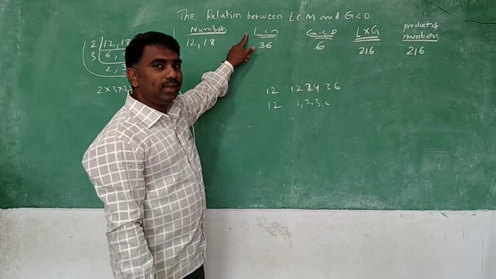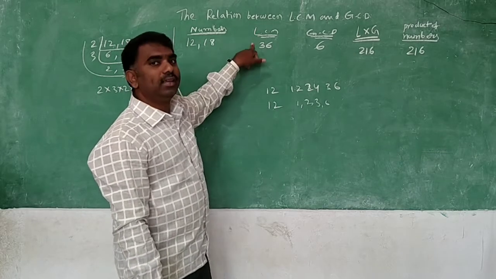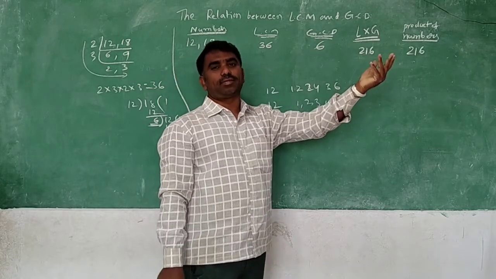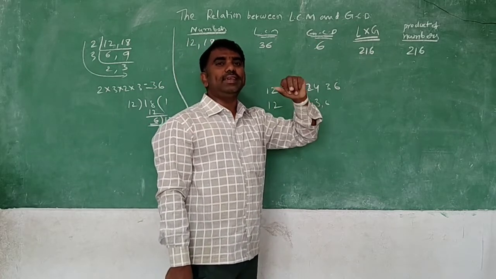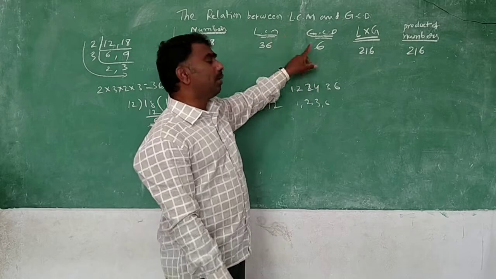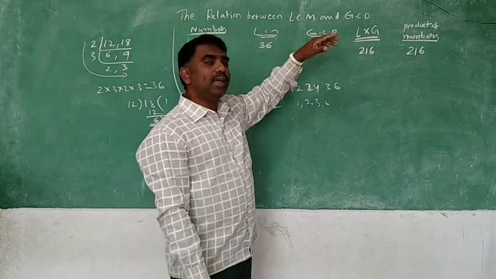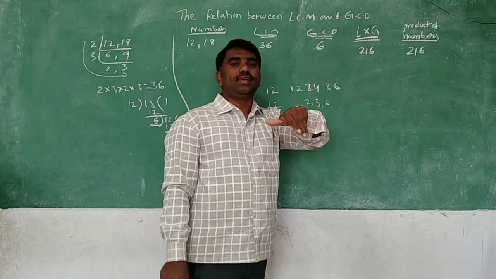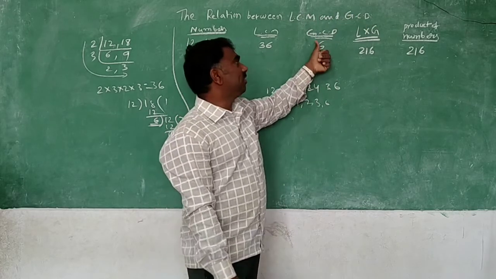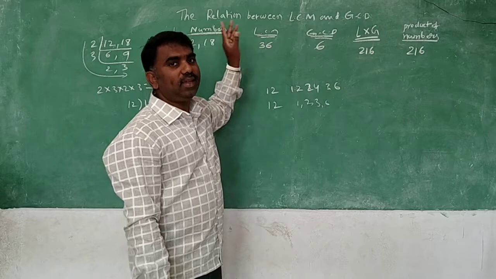Also in multiples this is the least, in factors this is the highest. The comparison is not in both: least in multiples, which is LCM, highest in factors, which is HCF.